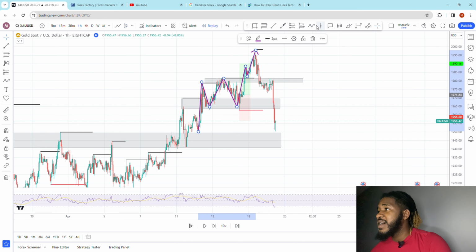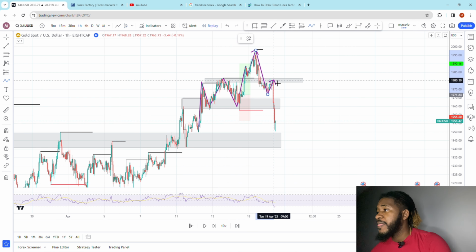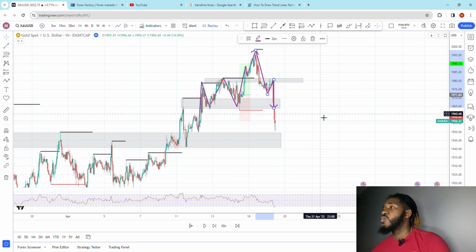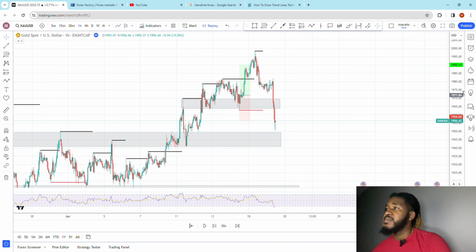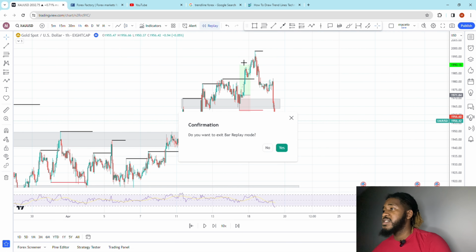When it came back, what did it do? Broke these areas, retested, and then sold. So this is where we would have taken the straight drop back down. So that's something we look at every time we are trying to identify support and resistance.